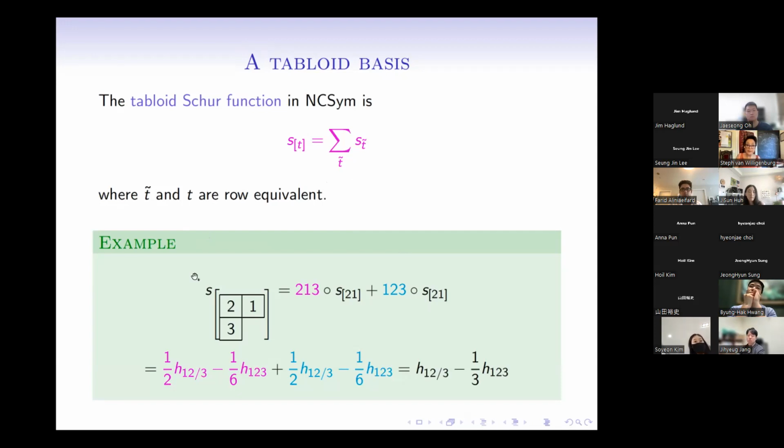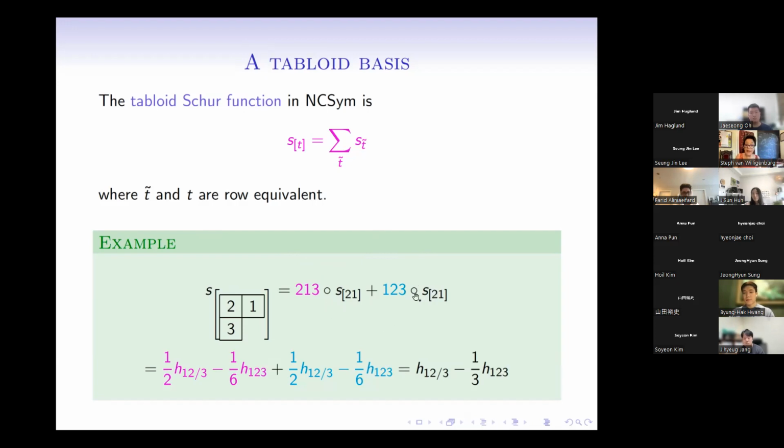If I want to make the tabloid Schur function of this thing right here, we know from the previous slide that by our definition of S_T, this is going to be a sum with two terms in it. One of them is 2, 1, 3 acting on the appropriate source Schur function, and one of them is 1, 2, 3 acting on the appropriate source Schur function.